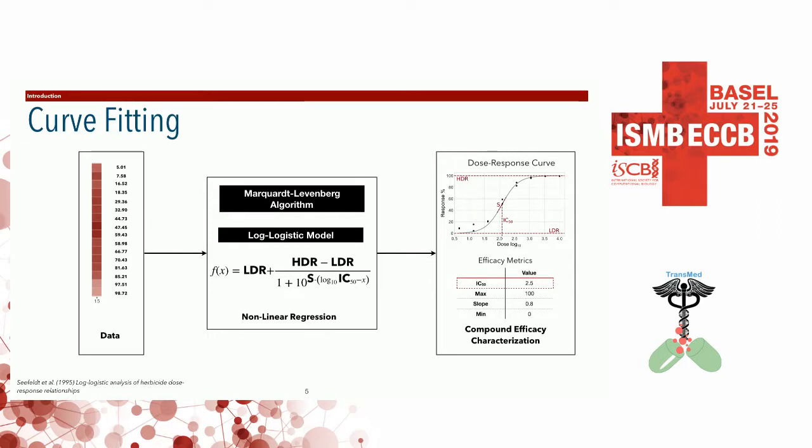And finally, we have the slope of the curve, which indicates the speed of the shift between our two plateaus. From these metrics, we can infer what we call a dose-response curve. This is all the information that we currently use to characterize compound efficacy.